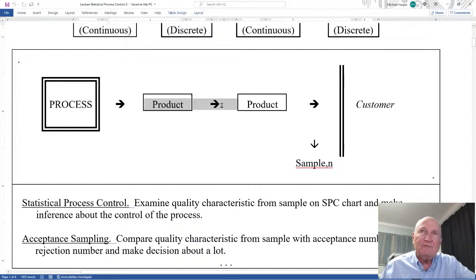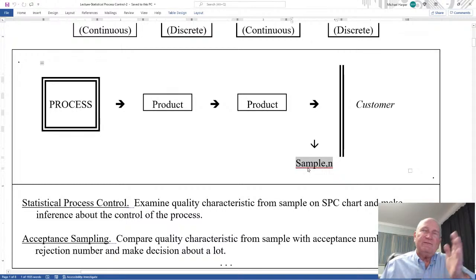Now, this product will have different types of quality characteristics, such as length or width or weight, or different kinds of measurements as far as durability is concerned, strength, and from your products, identify quality characteristics, and you pull off a sample of size n. And from that sample of size n, you can determine, is this good quality or poor quality? And that's what we'll look at here.